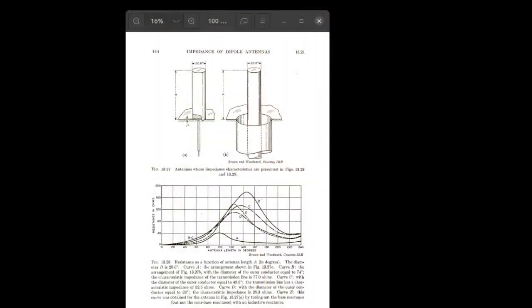Here we see a rather full description of the monopole, and it's a rather elaborate one in that it shows that it's an extension of a coaxial feed, or the structure itself is coaxial, as indeed shown in this structure over here.